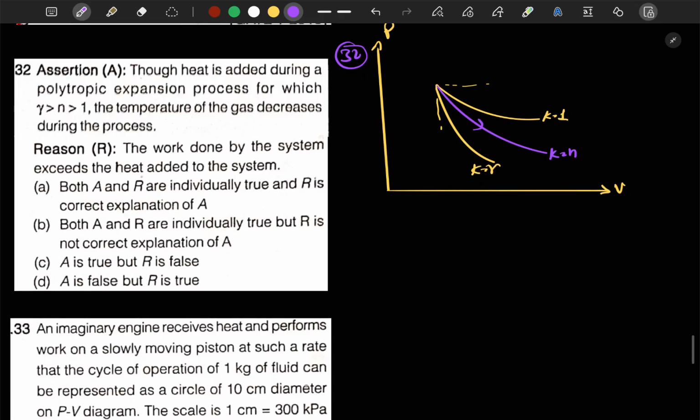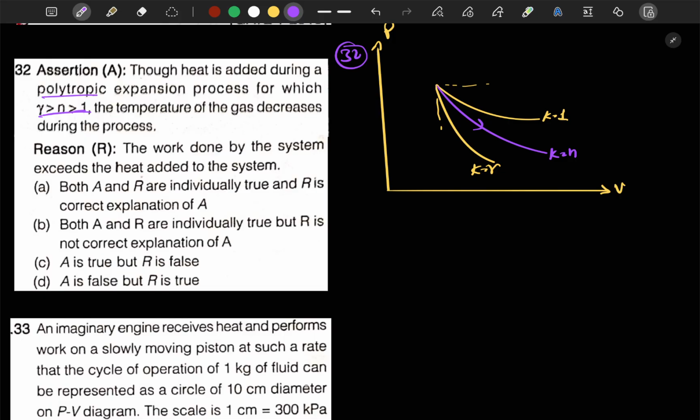Now this question. For the polytropic processes which have n between 1 and gamma, the work done by the system exceeds the heat addition. So to maintain the total energy balance, the temperature of the gas decreases.